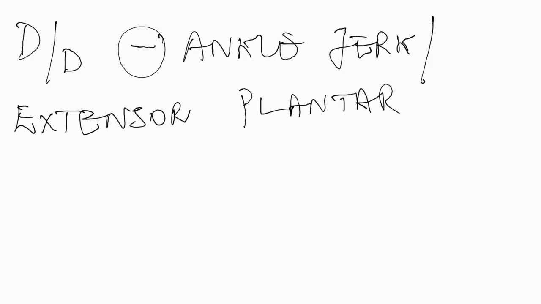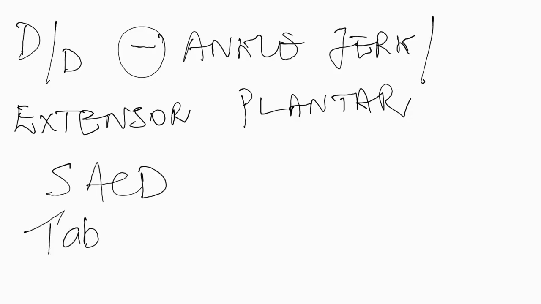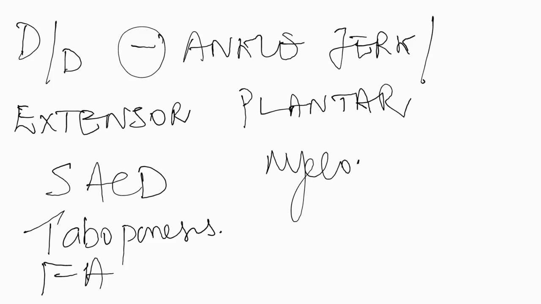If they ask, doctor, what are the causes of absent ankle jerk or an extensor plantar, or maybe you're finding a patient with an absent ankle jerk but his plantars are upgoing. So there are a lot of causes. Few of them: subacute combined degeneration, taboparesis, Friedreich's ataxia, a case of a myelopathy with a peripheral neuropathy. All these things can cause an absent ankle jerk with an extensor plantar. Okay?